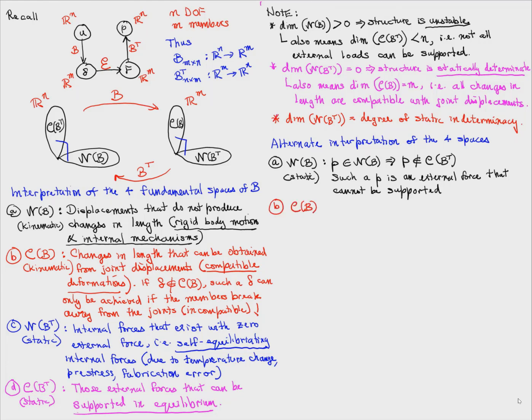Next, let's look at the column space of B. If a member force vector F is in the column space of B, that means it's not in the null space of B transposed. That means B transposed F is not equal to 0. So these are not self-equilibrating internal forces, but these are internal forces that actually equilibrate external forces.